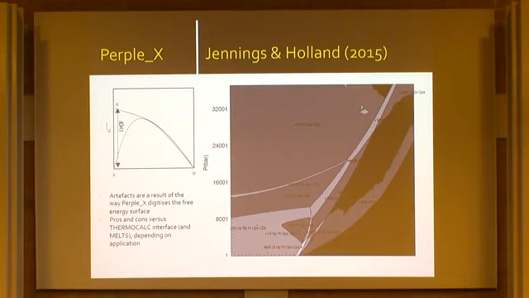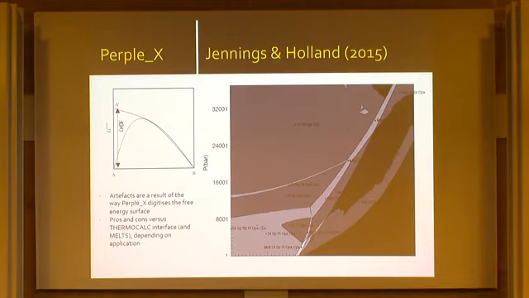Okay, so this is using PerpleX. Ollie did this figure for the same bulk composition as in ThermoCalc. It's a mess, but it's not as much of a mess as it was before he fixed a lot of stuff.